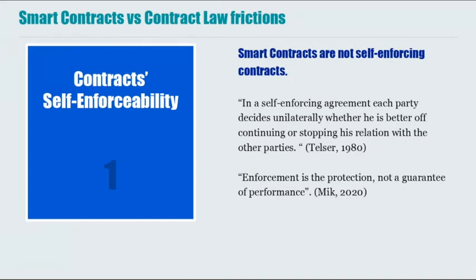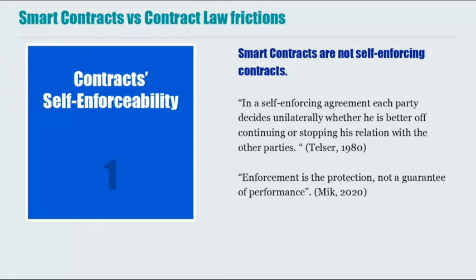And terminology is important, especially when we are in an interdisciplinary field as this is. And it's important because this idea of smart contract self-enforceability, which I have found repeated very much, has led even legal scholars to say that with smart contracts, there's not going to be a need to rely on courts to obtain legal protection.